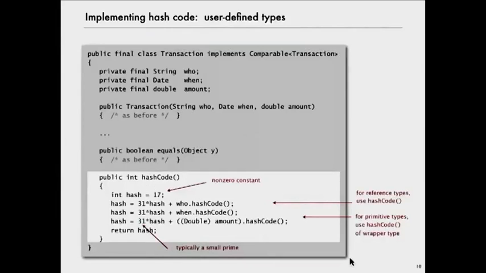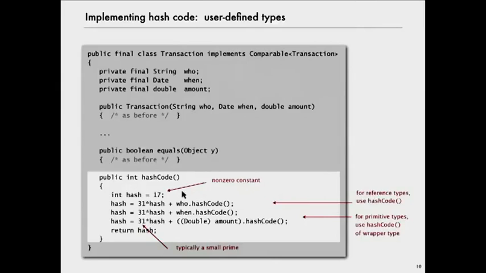How about implementing a hash code for our own type of data? Our transaction type might have a couple of instance variables: a string, a date, and a double. We need to compute a hash code, so return a 32-bit value. And again, we want to try to make use of all the pieces of data that we have, and we also want to make use of the hash code implementations for the types of data that we're using.